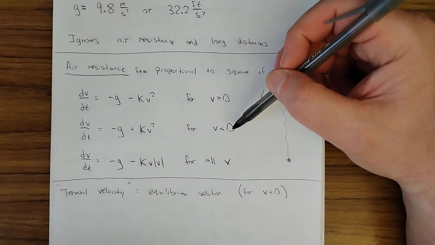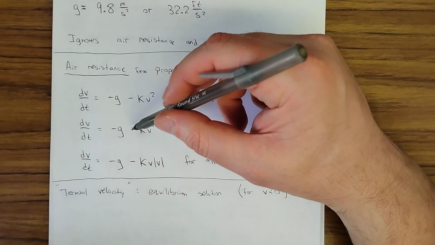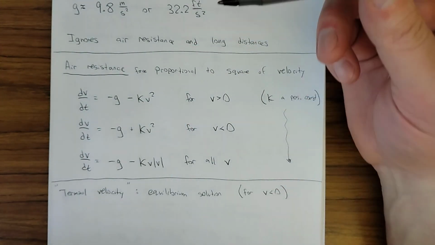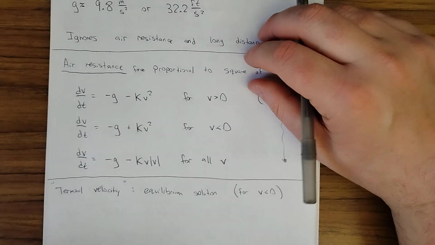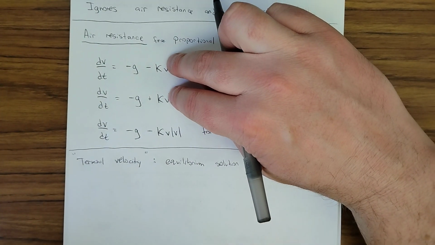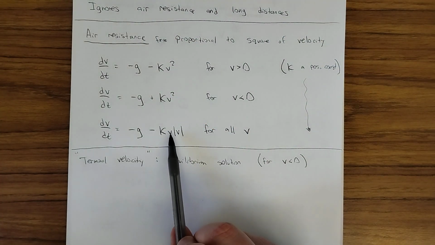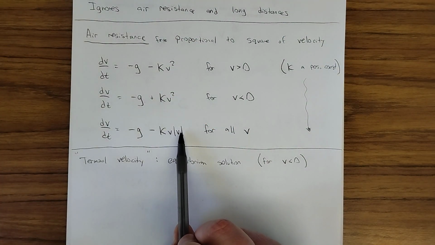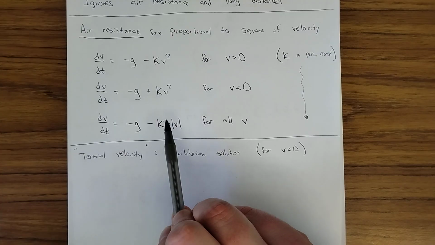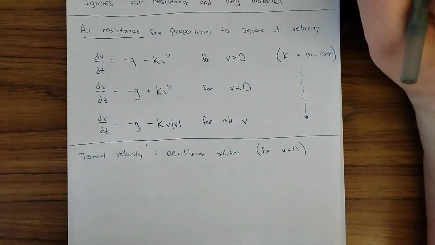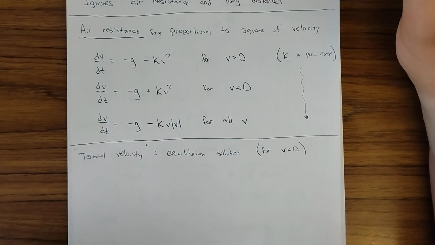Of course, if I'm in the downward direction, then the air resistance is pushing up, so I flip this from a minus to a plus. And if I want to unify these two things, it's a little bit awkward, but I could call this v times the absolute value of v, which works whether v is positive or negative. This matches whichever one it's supposed to match.